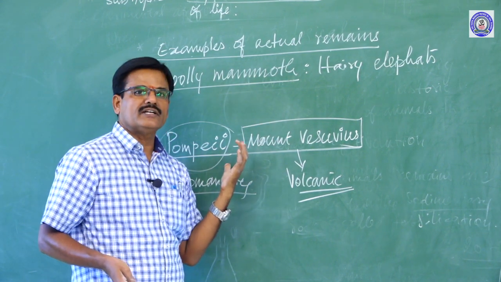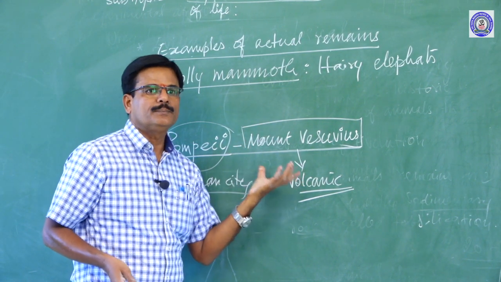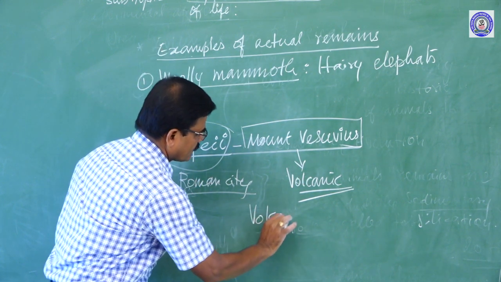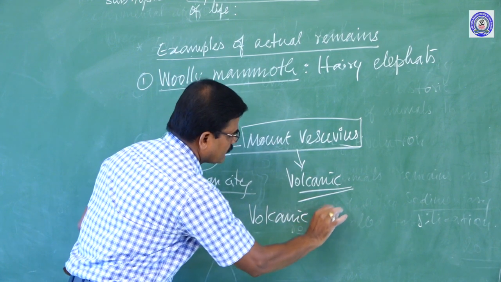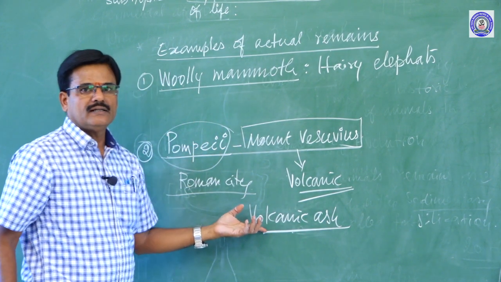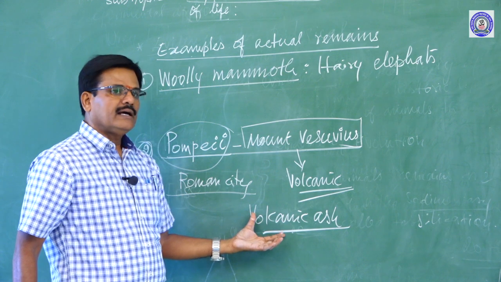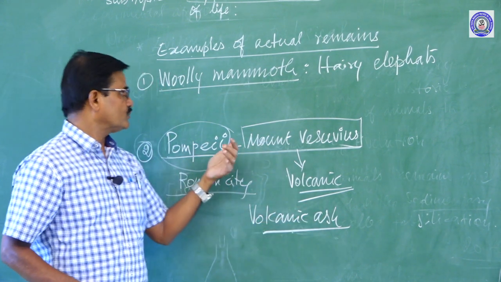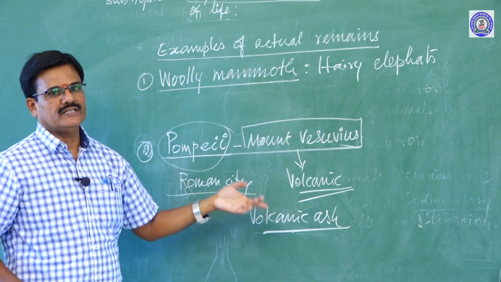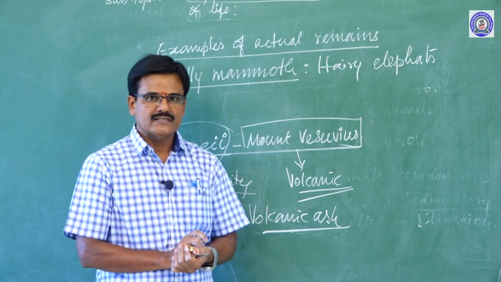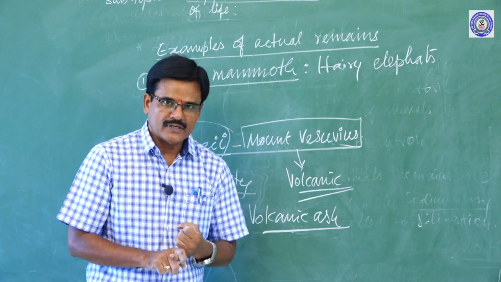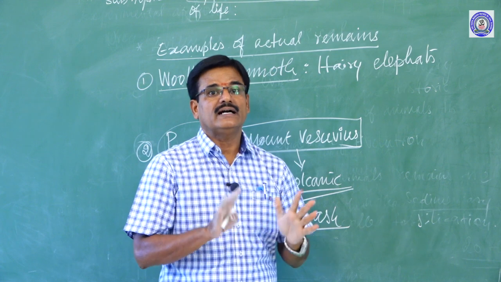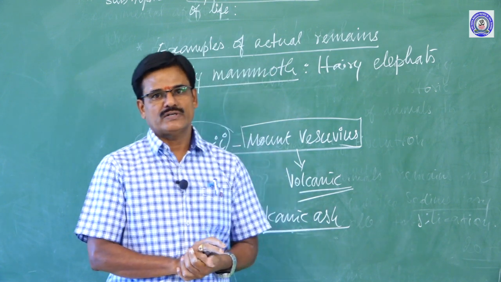They were preserved in volcanic ash, the entire animal, the entire human being as such. This is one example of actual remains. Actual remains means the animal's body parts or entire animal as such preserved under the earth.